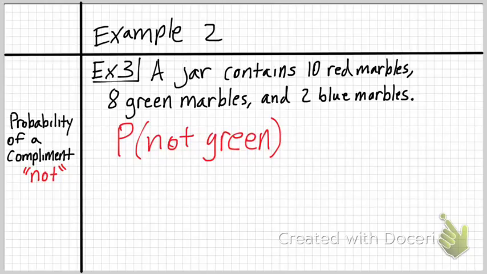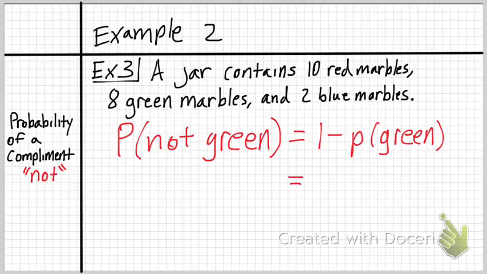So the probability of this occurring is going to be 1 minus the probability of green. So if I don't want a green marble, the probability that I don't draw a green marble is just the opposite of me drawing a green marble. So 1 is the total probability, so that's our total, and we're subtracting the probability of green from that total. So I would just say 1 minus, and there are 20 marbles in the jar, and 8 of them are green, so 1 minus 8 over 20.